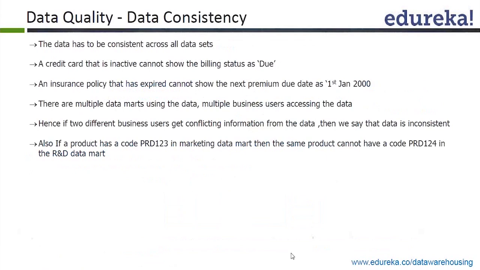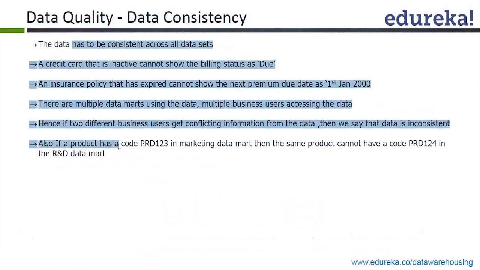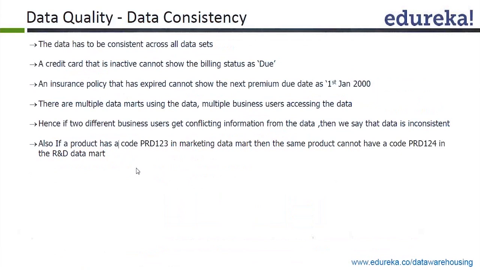Okay, so another data quality measuring parameter is data consistency. Data being consistent across all data sets, what does it mean? Let's take this example. A credit card that is inactive cannot show billing status as due.